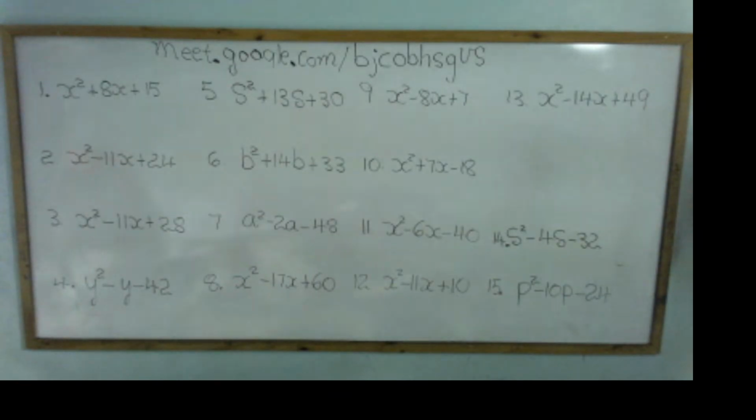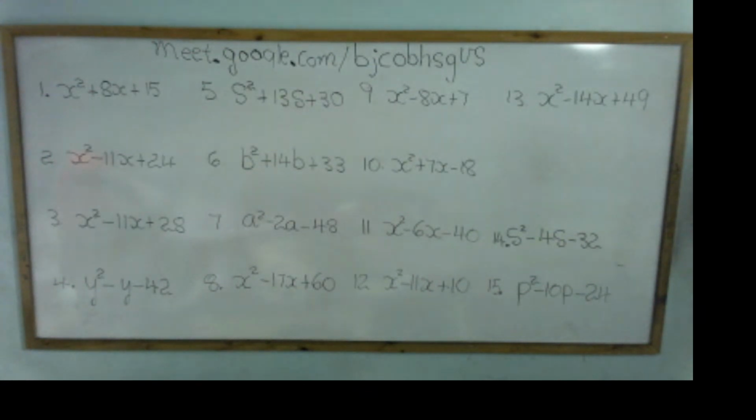Now, for those students who did not attend the pertinent instructional class, that should still not prevent you from being able to factorize, because it is based on a simple concept.